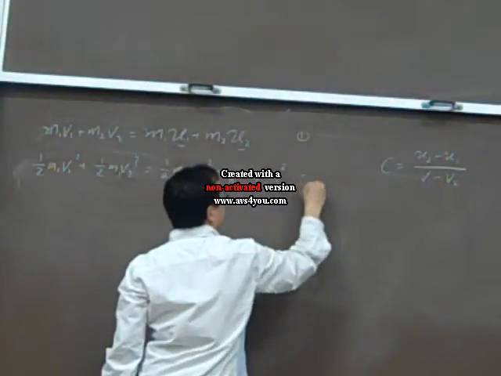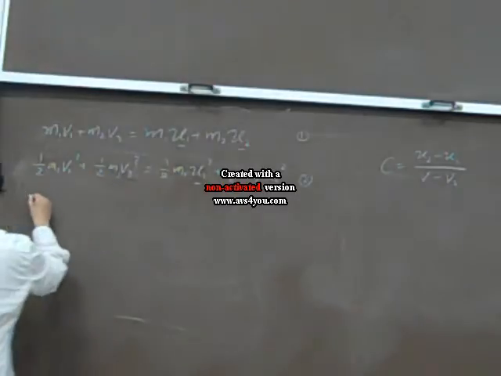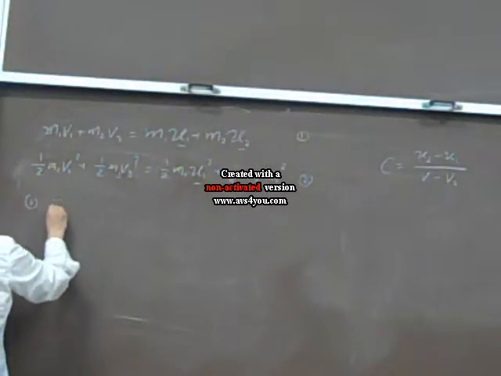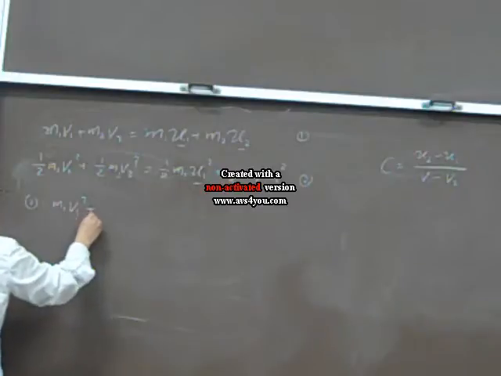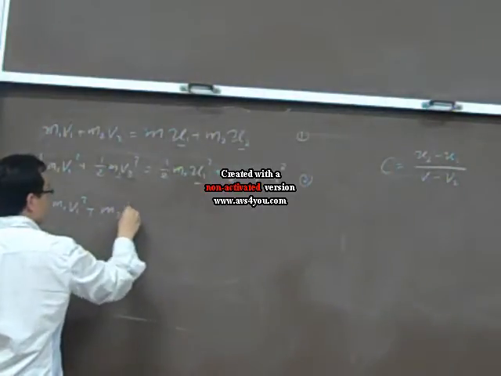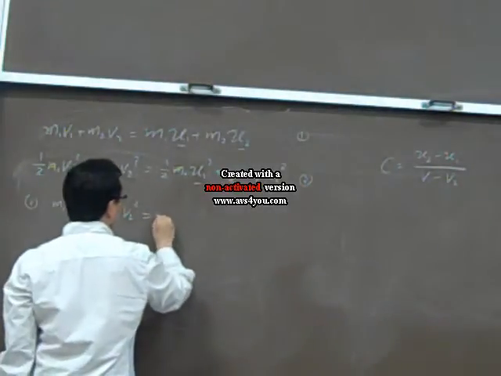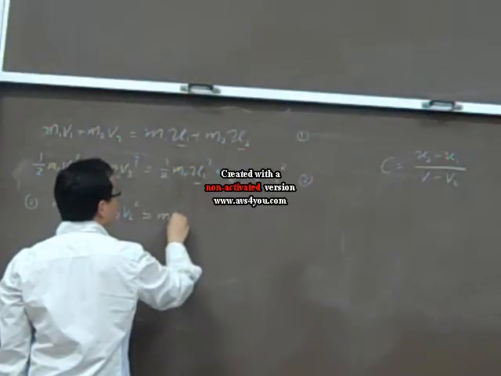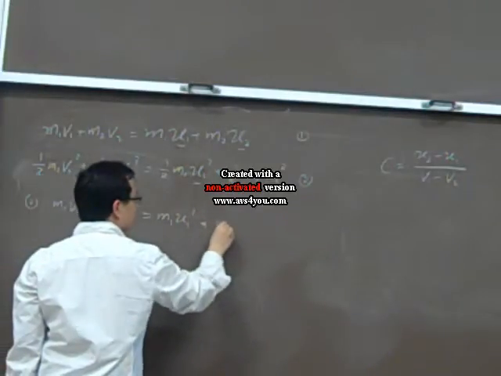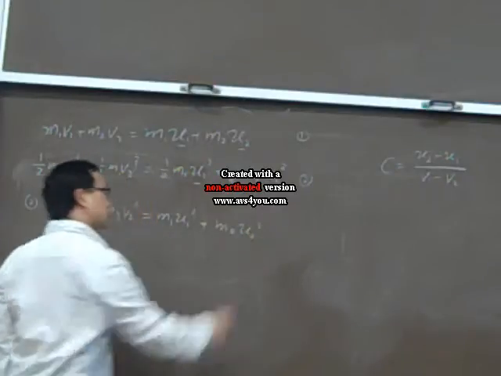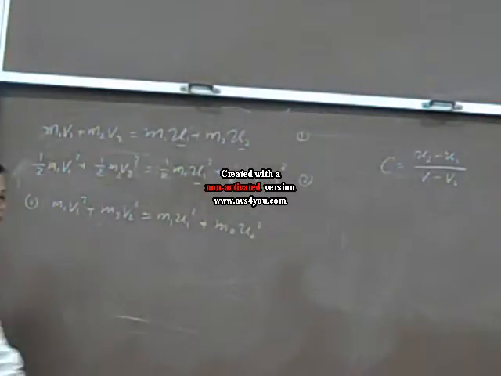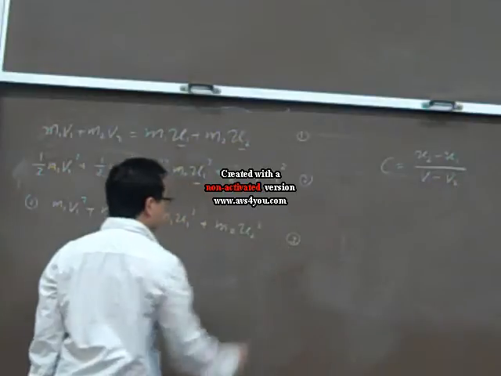This is equation 1, and equation 2 becomes m1 v1 squared plus m2 v2 squared equals m1 u1 squared plus m2 u2 squared. This is equation 3.